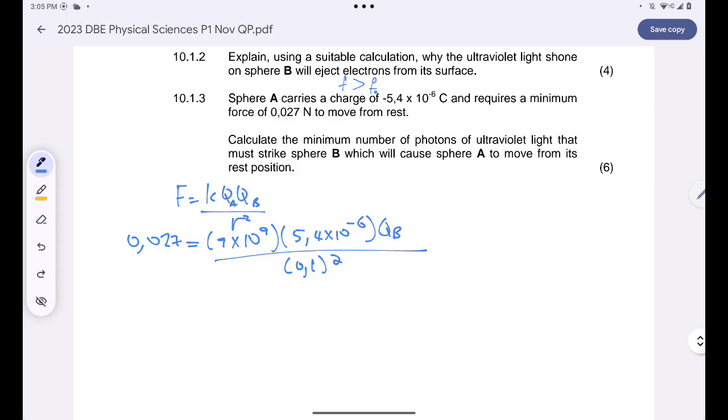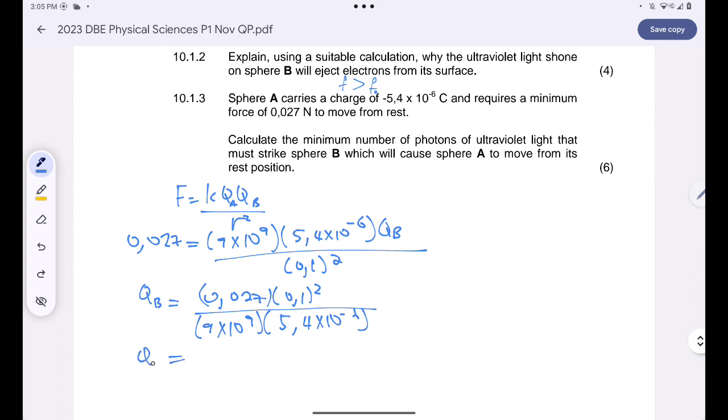So to find the charge on B, I simply need to say 0.02 multiplied by 0.1 all squared, divided by 9 times 10 to the power 9 multiplied by 5.4 times 10 to the power negative 6. And then the charge on B will simply be 5.56 times 10 to the power negative 9 coulombs.